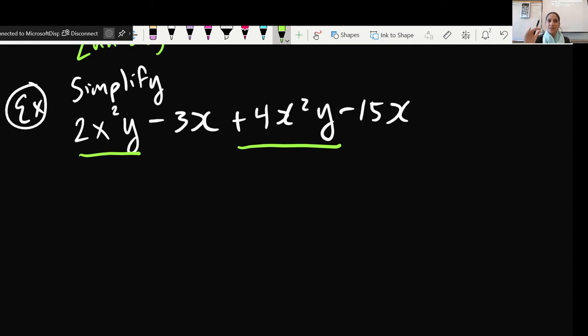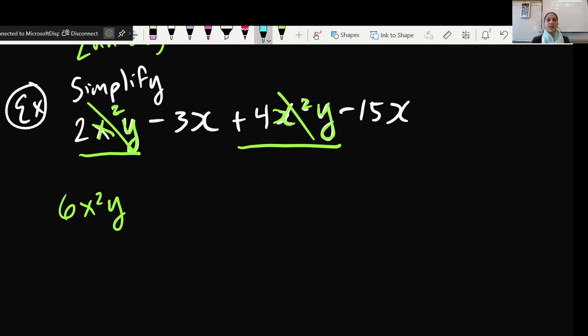The reason I'm saying that is because x squared y is the same as x squared y. So you see what I mean with the variables and the degree? It's basically like you're just counting up how many of those we have. So how many of those do we have? Yeah, you basically are adding the coefficients, right? So 2 plus 4. So we would get 6x squared y, and that accounts for this and this.